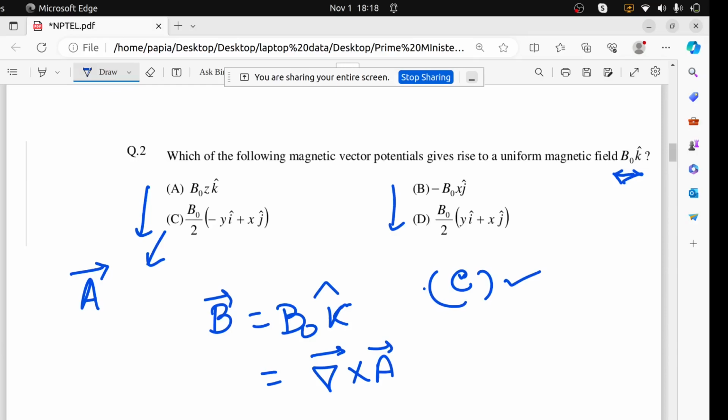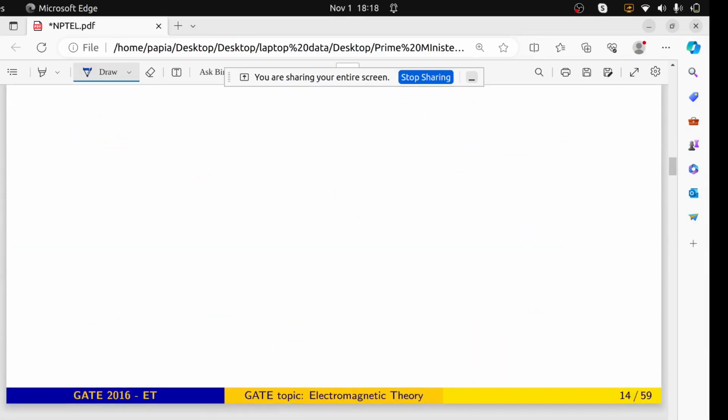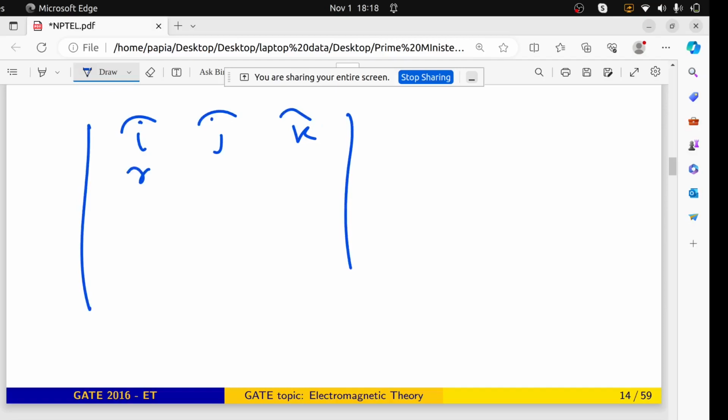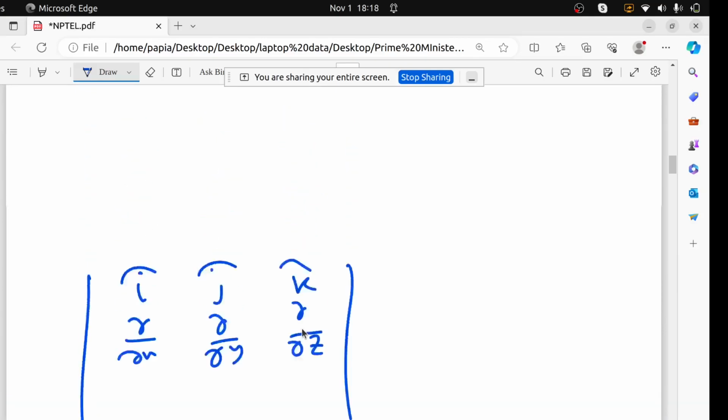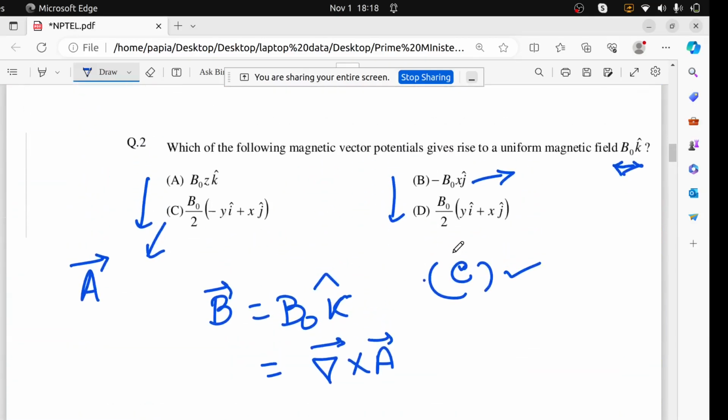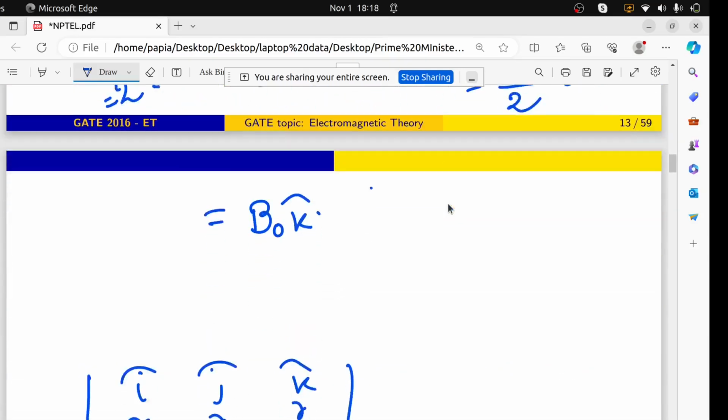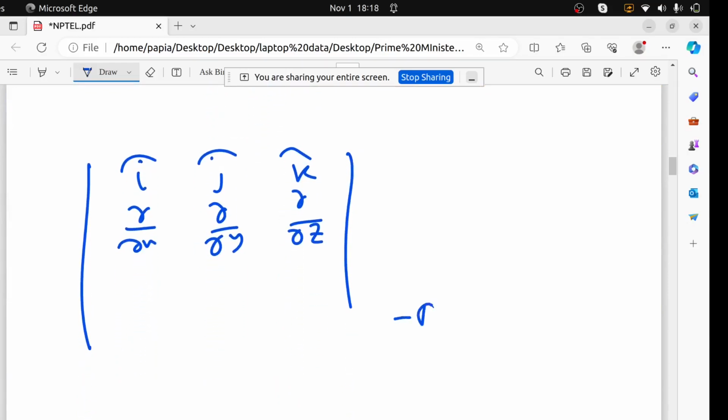Okay, so let me write one option here, minus B0 x j cap. I'm just quickly writing here so that you can clearly understand. Then x, then y, then z. Now you can see here I am going to calculate B, minus B0 x j cap. So here 0, minus B0 x, 0.